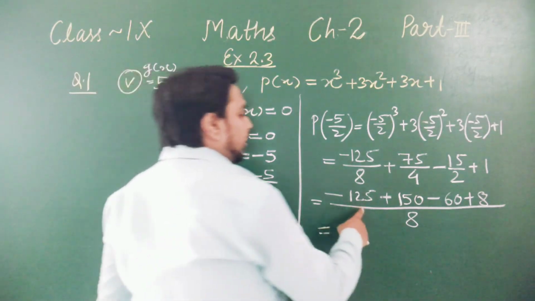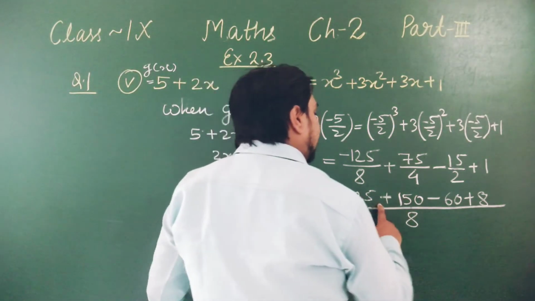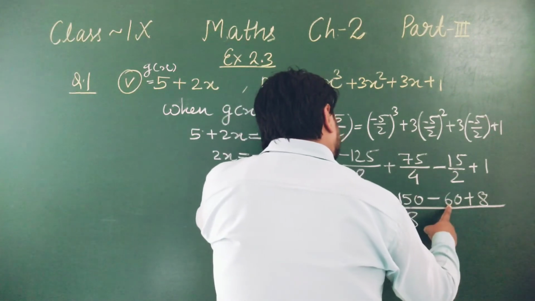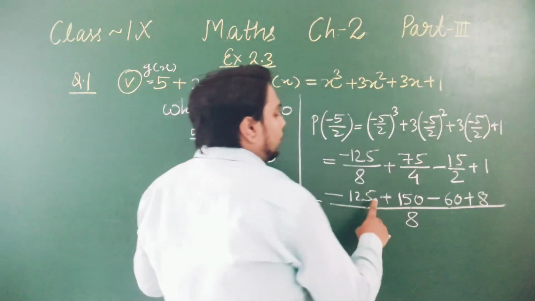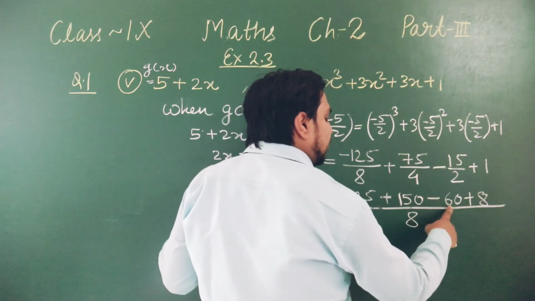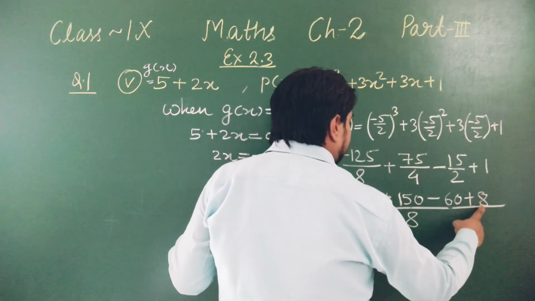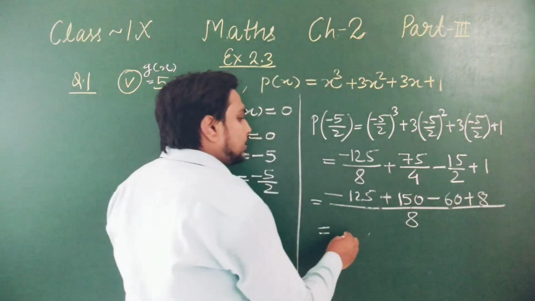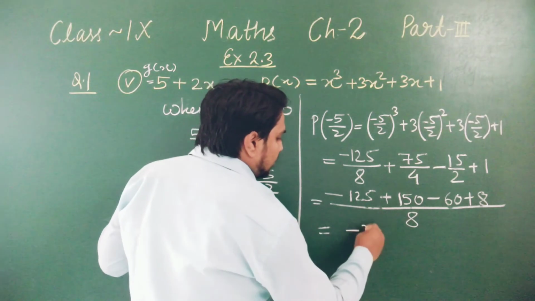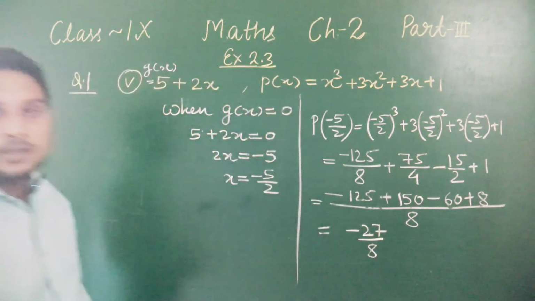Minus 125 and plus 150 gives 25, minus 60. So you will get minus 35. Minus 35 plus 8, then you will get minus 27. So the answer should be minus 27 by 8.